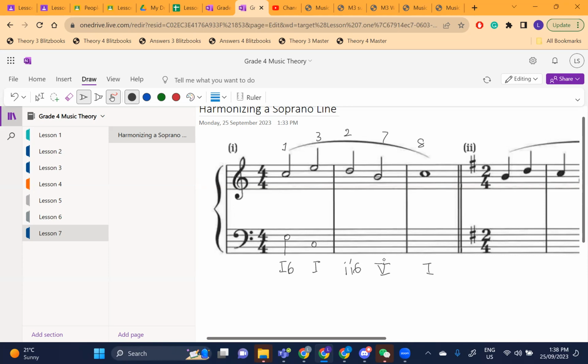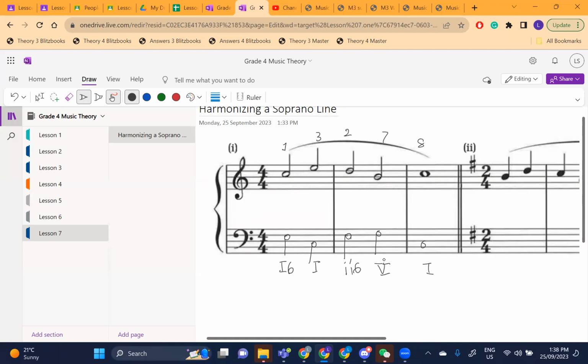So now we've got our chords, we just need to start with the bass line. So that's our bass line, and now we work backwards.